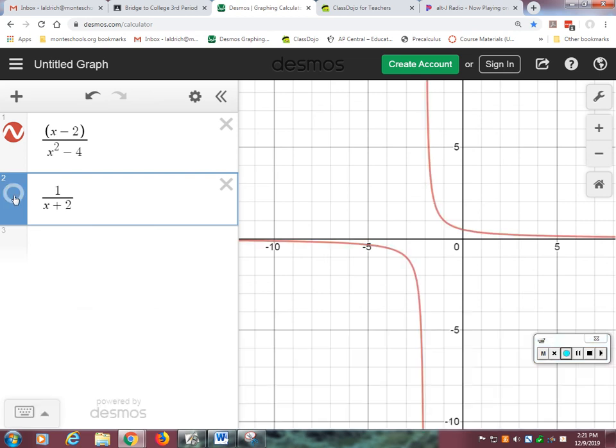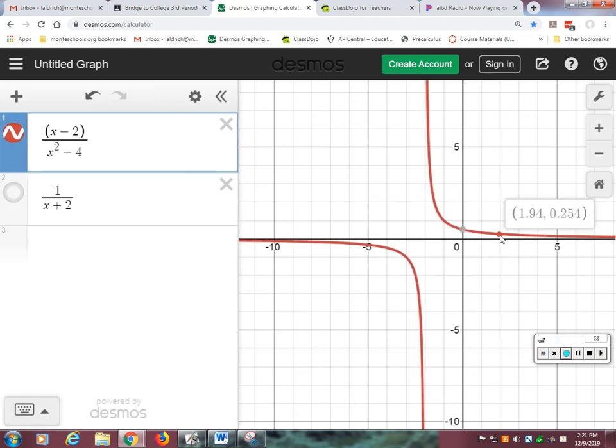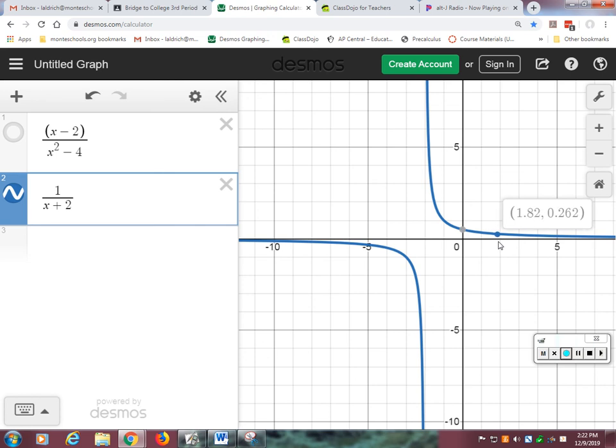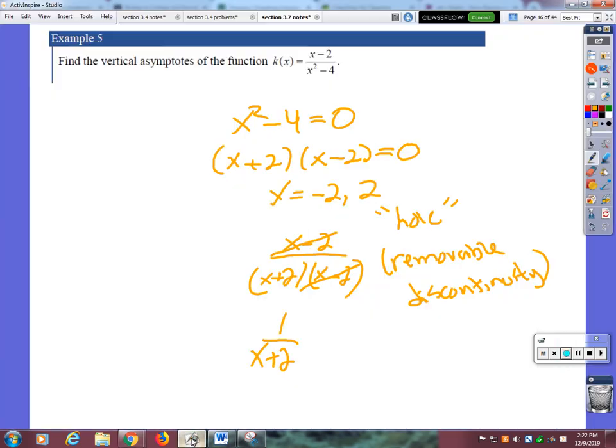So there's the one with the discontinuity at x equals 2. And if I shut that one down and turn the other one on, that discontinuity has now been removed, because we canceled it. There's nothing on the bottom now that's making it 0, because the top and the bottom were the same.